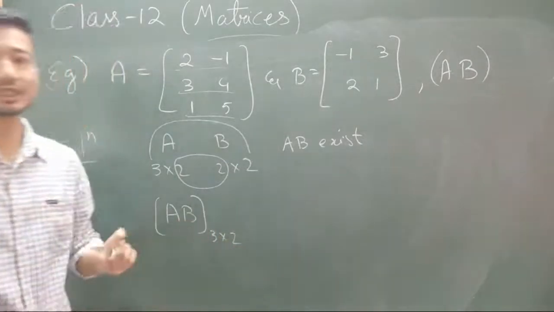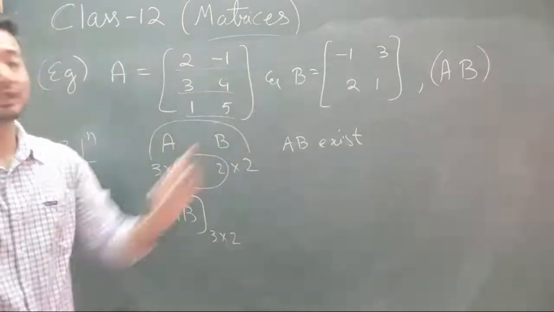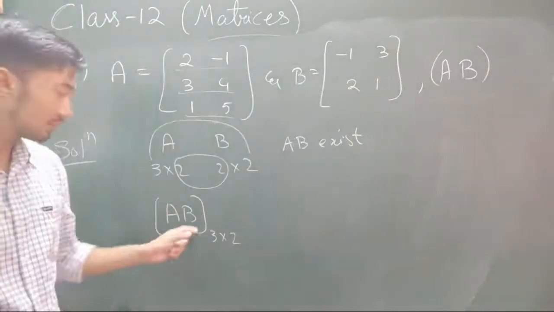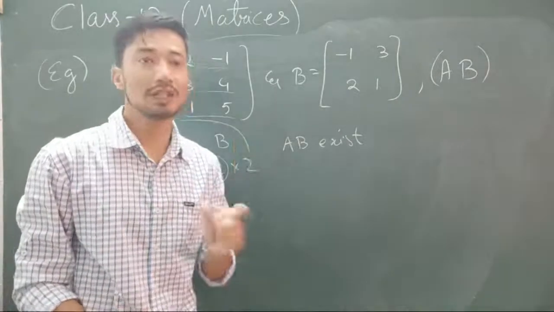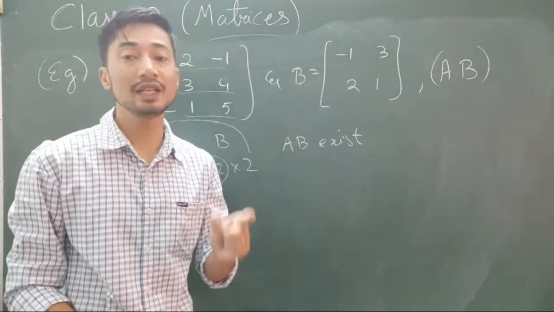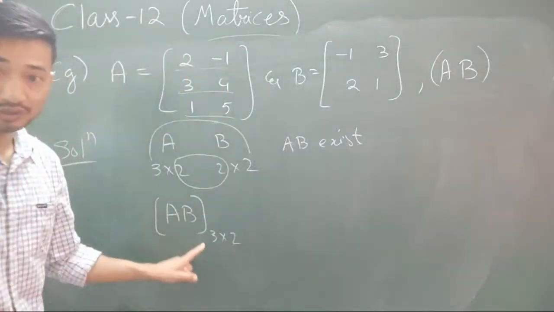You have to sort these things out when you proceed for multiplication. Maybe in the rough also you can do that, because trust me, this will help you avoid any confusion with matrix multiplication. Now we know the order of the matrix is 3 by 2.